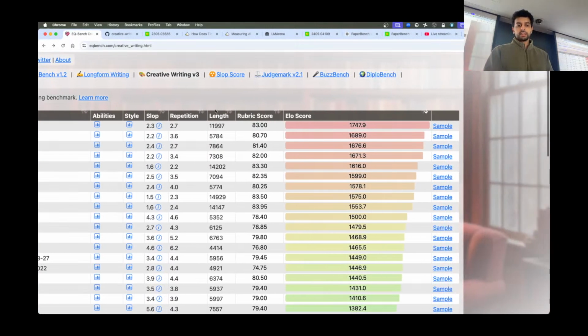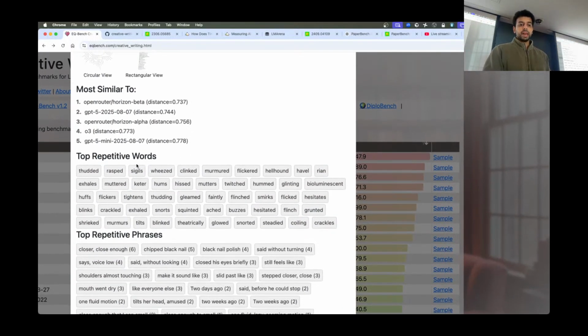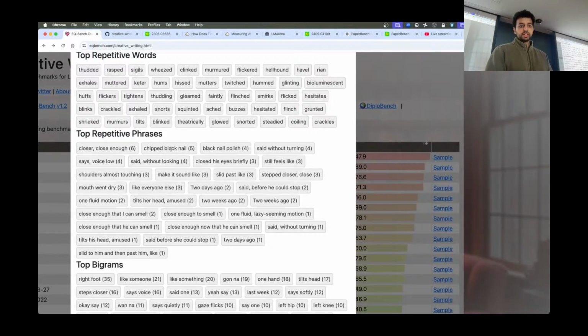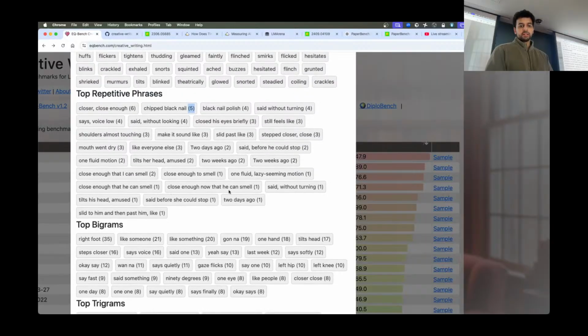But there's also other things in this benchmark, like a slop category, which tells you the most repetitive words in the stories generated by this model. So this one really likes the phrase "chipped black nail." It used it 5 times in the 20 stories, "black nail polish." You know, "close enough now that he can smell."